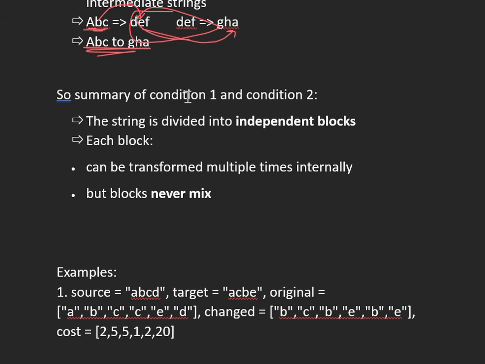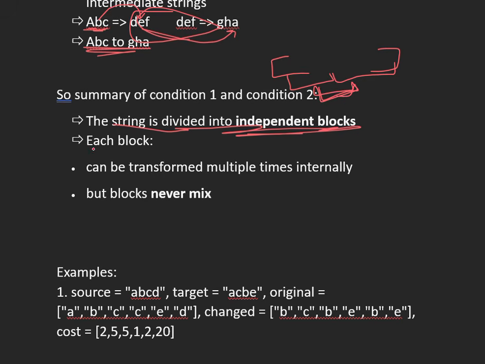So if you see the summary of both conditions, it is saying that the string is divided into independent blocks. Suppose this is our string. If we are converting this part via one operation, then the rest of the string we can convert with another operation, but there should not be overlapping of the string in conversions.